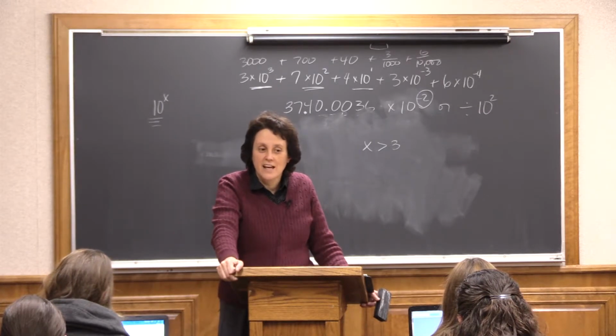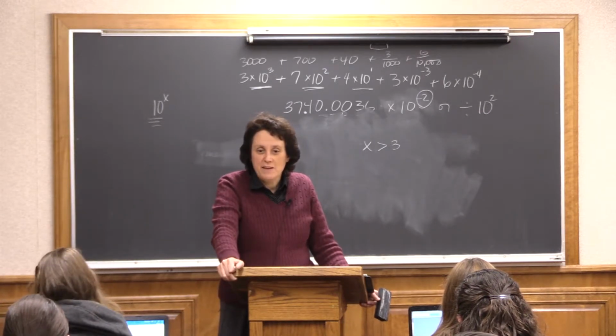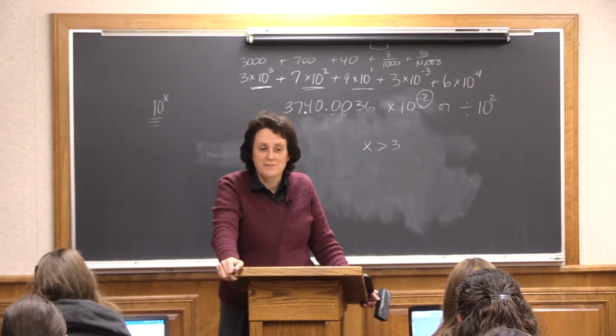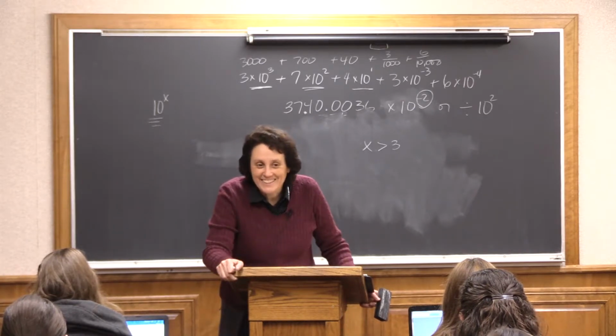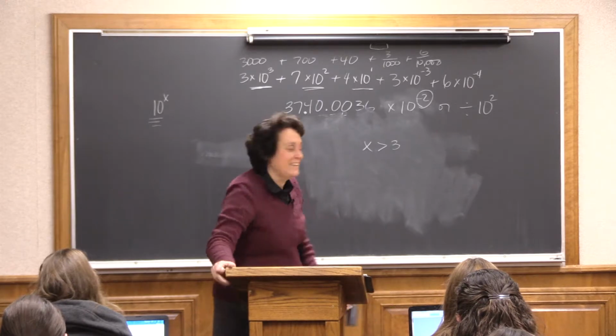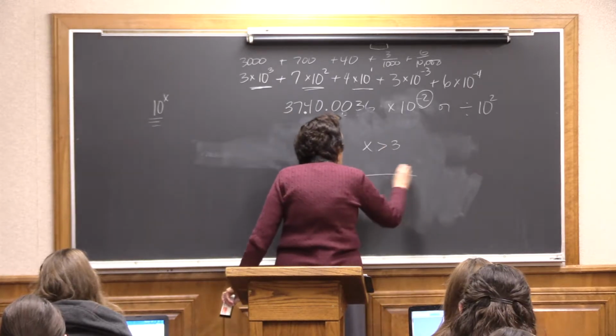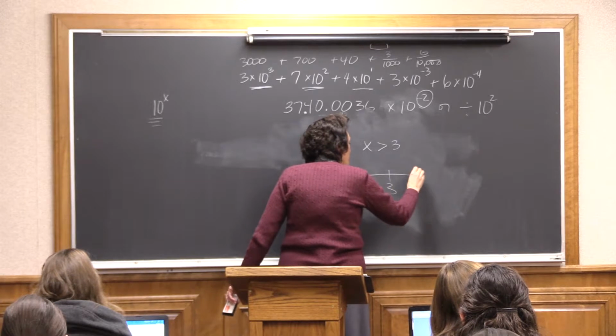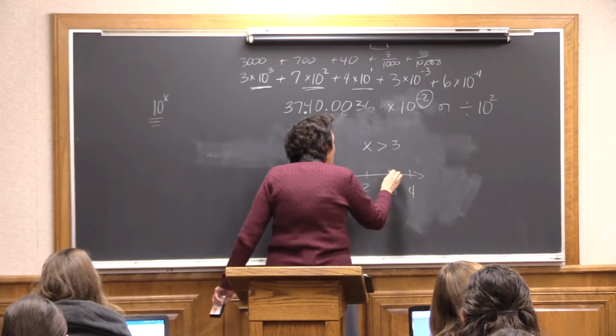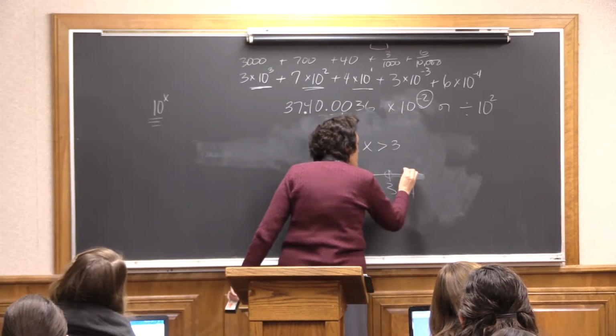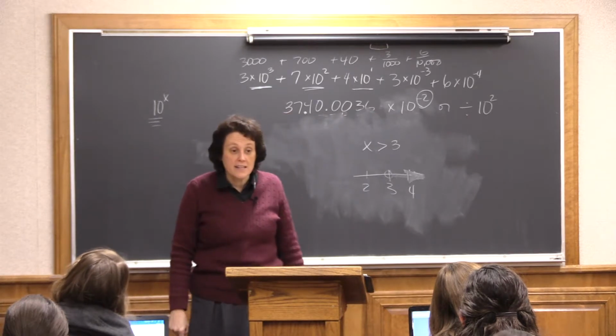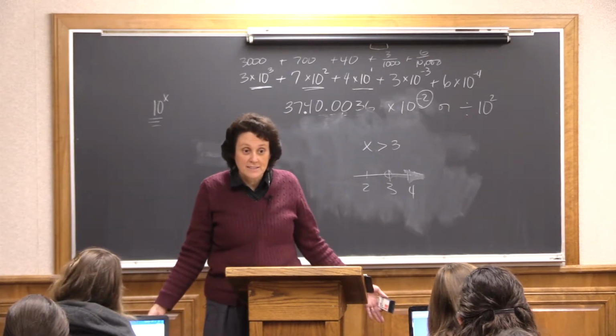Keeping my face neutral, trying not to roll my eyes, I'm going to say, what do you mean, which way do you shade? The arrow points to the right. It's telling you which way to shade. There are no inconsistencies in mathematics.